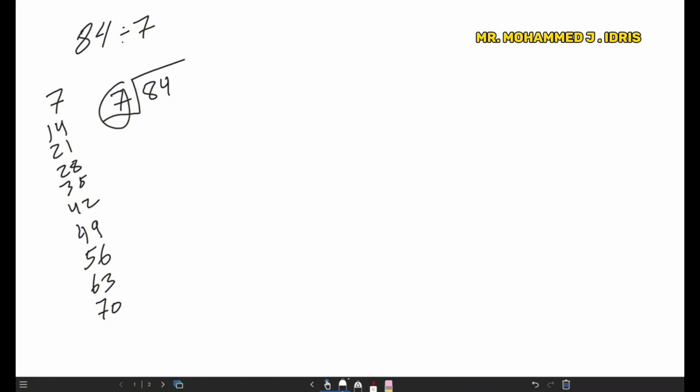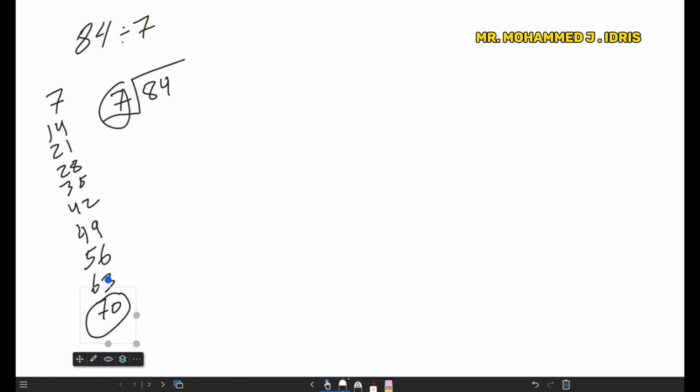When we write the multiples of 7, we start from 7 and end up with 70, which is the same number, just a 0 next to it. I stress this because we're going to do this in every single number.